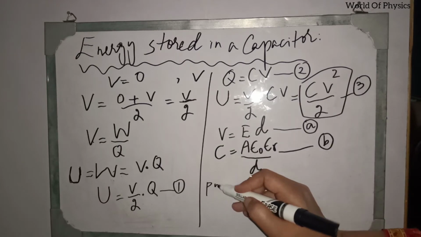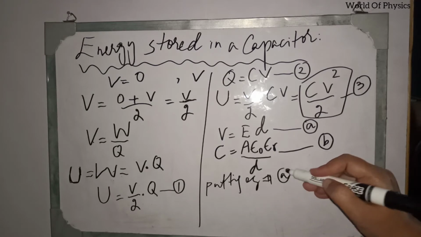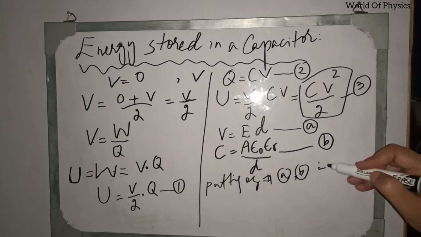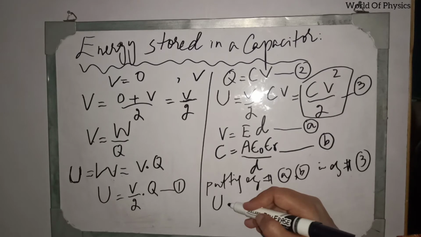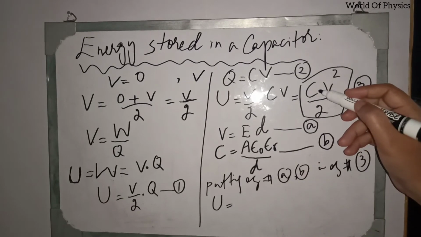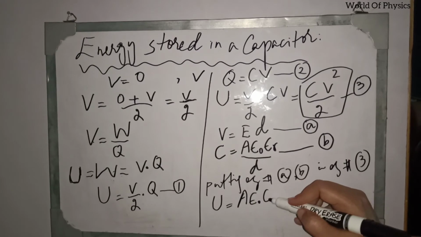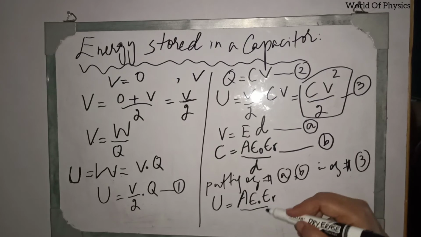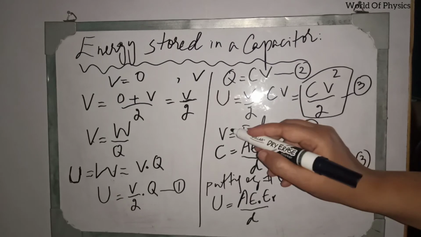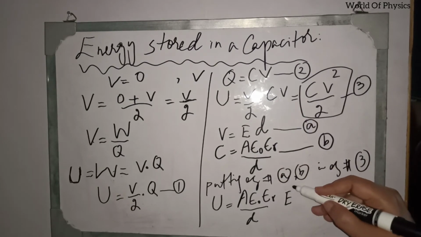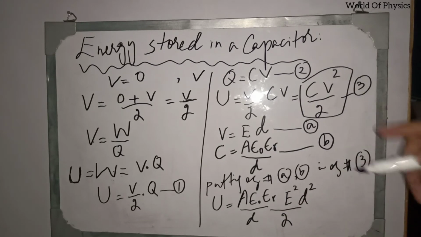So putting equation numbers A and B in equation number 3, we get U is equal to, instead of C, I am going to write A epsilon naught epsilon r divided by D, and instead of V square, I will write E square D square, and 2 was already present in equation number 3.